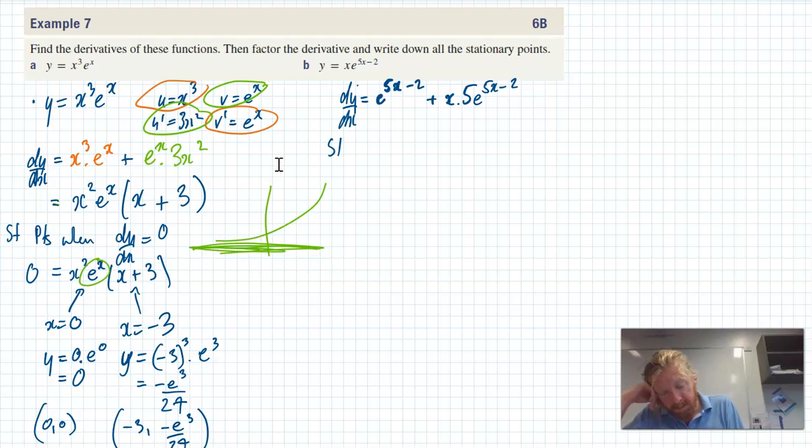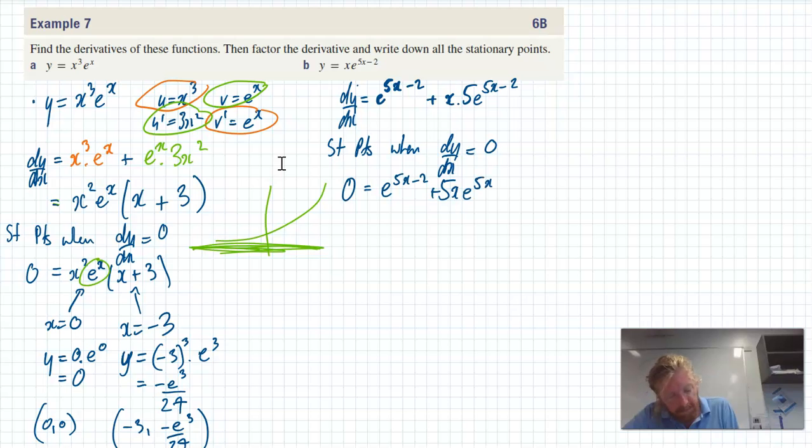Set that to 0. Stationary points when dy dx equals 0. 0 equals e to the 5x minus 2 plus 5x e to the 5x minus 2. What can I take out here?